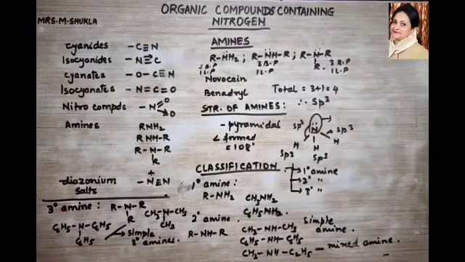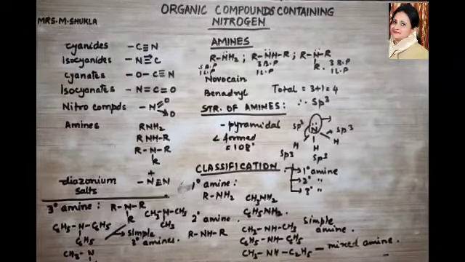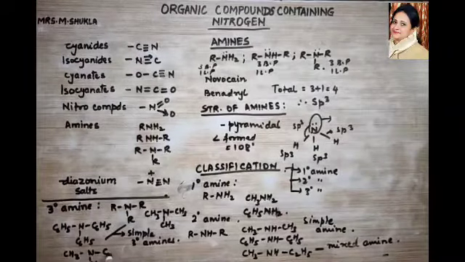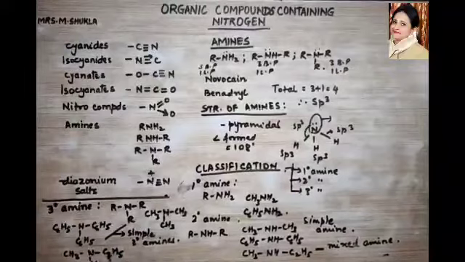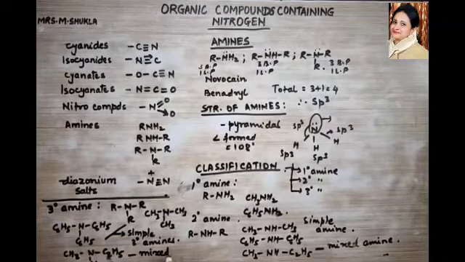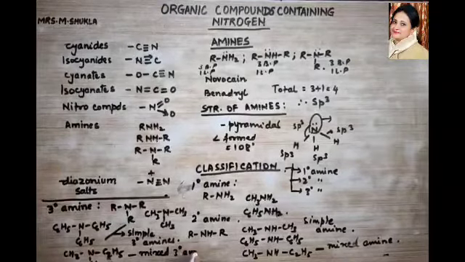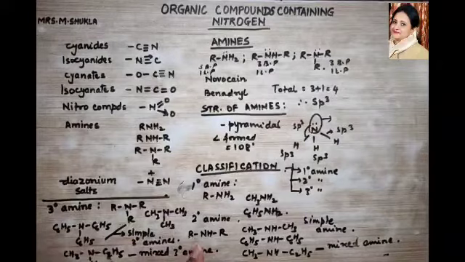But if I have to get a mixed amine, it could be something like CH3N(CH3)C2H5. Then this is termed your mixed tertiary amine. Right? Is the classification clear to all?